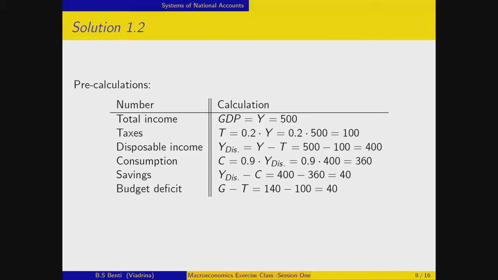So government expenditure minus tax is the budget deficit. In our case, the government is spending 140 euros to buy cars, but it is collecting only 100 euros in taxes. So the 40 euros left at the end is the budget deficit. With this information, we would be able to draw the circular flow diagram, which shows the relationship between all the parties involved here.